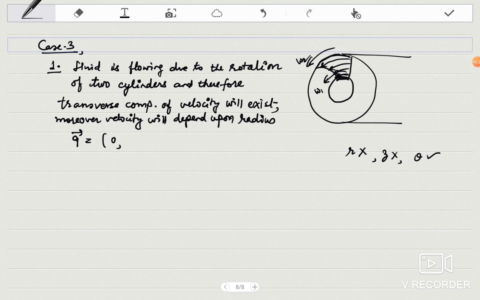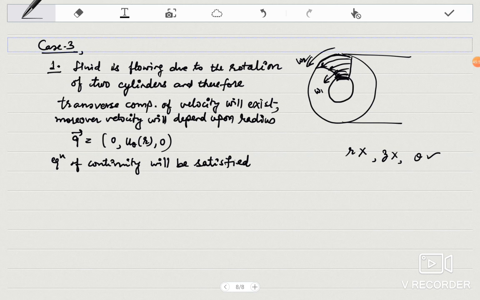It is 0, u theta depending on r, and 0. This is your velocity distribution. Again in this case we can see that the equation of continuity will be satisfied. You may check it. I have written the equation of continuity in the first case, so you can check that it is satisfied.